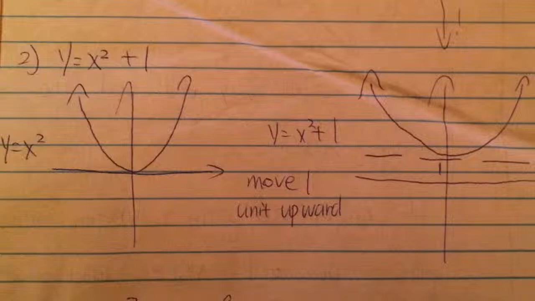Notice this time we are adding to the very end of the function. We are not adding to the x of the function because we are not adding the constant to the parentheses that includes the x and the constant. As a result, when the function moves 1 unit upward, there's a horizontal asymptote at y equals 1, and this line replaces the x-axis before. Therefore, there's a way that you can move this function.